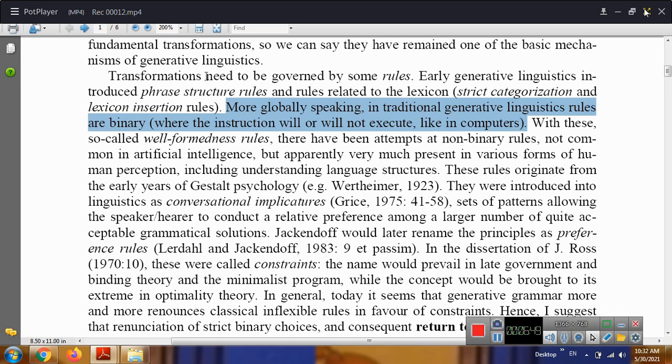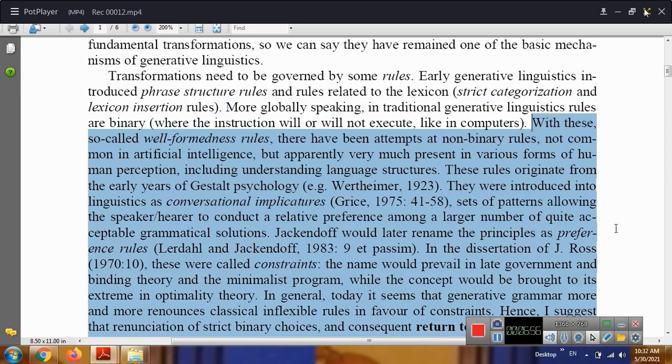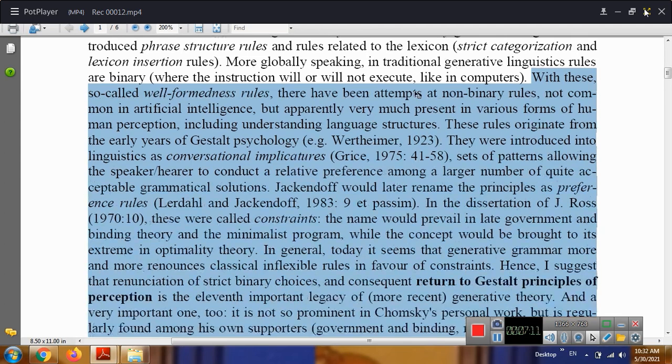With these so-called fuzzy rules, there have been attempts at non-binary rules, not common in artificial intelligence, but apparently very much present in various forms of human perception, including understanding language structure.